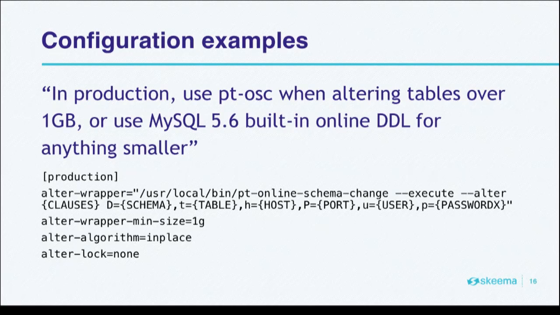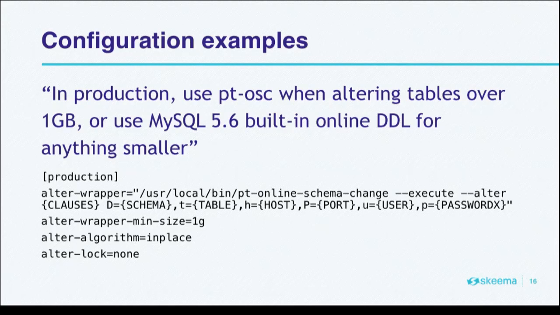So one example is if you want to define a config where you use pt-osc for any table that is a gig or larger, but use MySQL 5.6's built-in online DDL for smaller tables, you can do that. I'll go into what the specific config options here mean later in the talk.